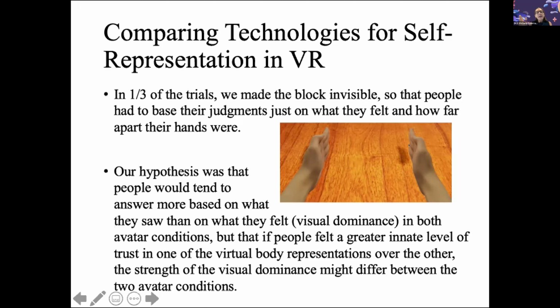So they saw their hand, they saw how far apart their hands were, and they felt how far apart the block was, and they had to give an answer about the block size. So our hypothesis is that there would be greater visual dominance in both of the conditions that had the avatar and the visible block, but that if people felt a greater innate level of trust in one of the virtual body representations over the other, then we would have expected to see greater visual dominance in that condition.